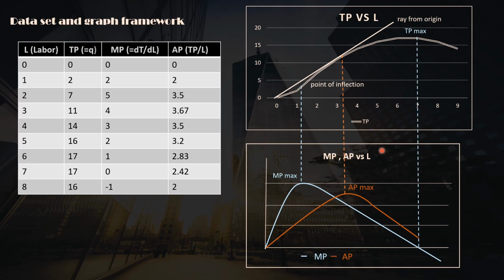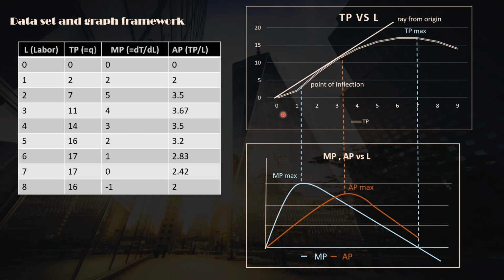The two graphs are drawn from this dataset. Here, MP is represented in blue ink and AP is represented in orange ink, and the ray from the origin is indicated in white ink. So let's discuss the graph.